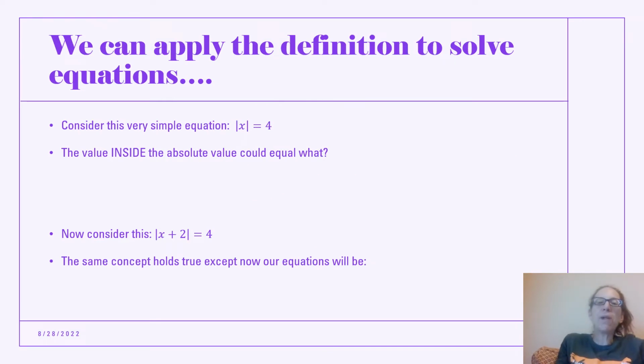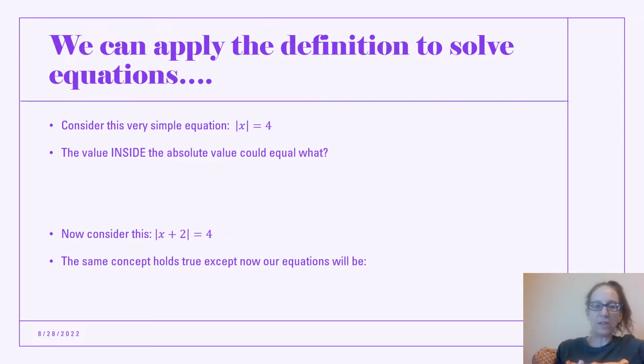All right, now we can apply the definition to solve equations. One of the reasons we need to know that definition of absolute value is so that we can use the definition to reason our way through the equations, through the problems. So consider this very simple equation. The absolute value of x equals 4.